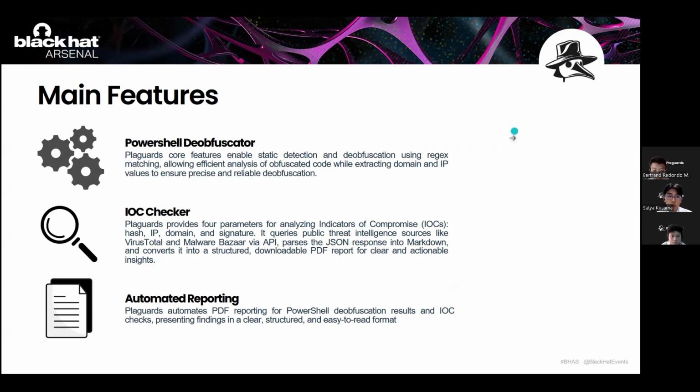The first one is the PowerShell obfuscator that enables static detection and deobfuscation using regex matching, which allows analysis of the obfuscated code while extracting domain and IP address values, to ensure precise and reliable deobfuscation. As for the IOC checker, PlayGuards provides parameters for analyzing IOCs, which are hash, IP address, domain, and signature.